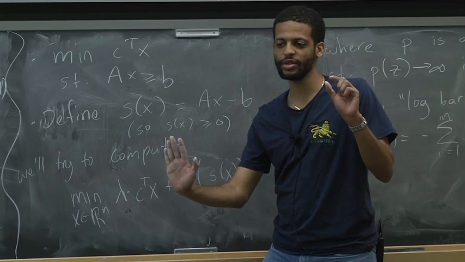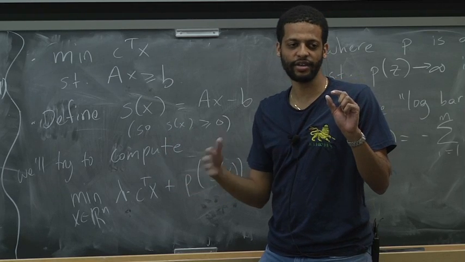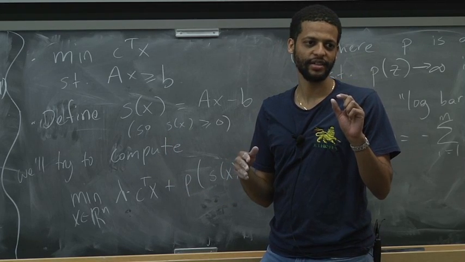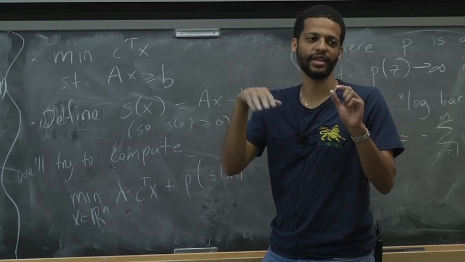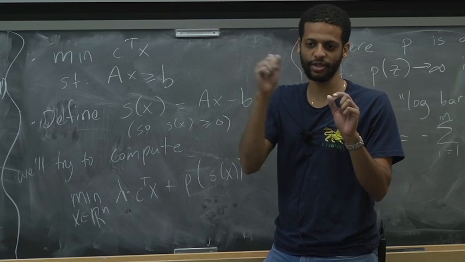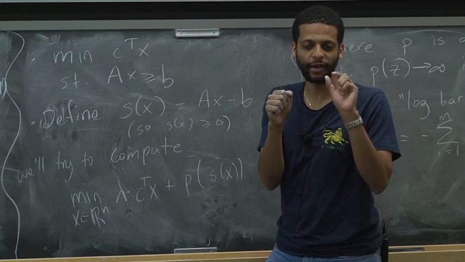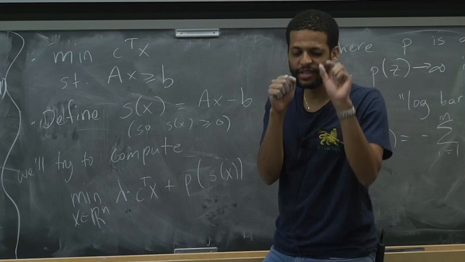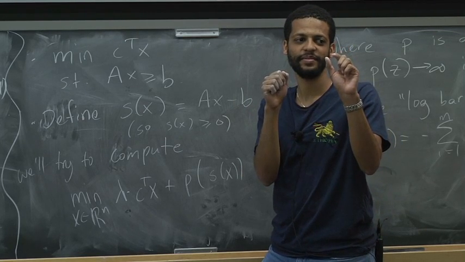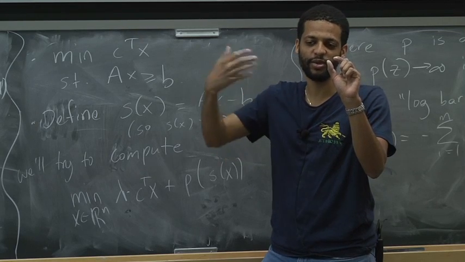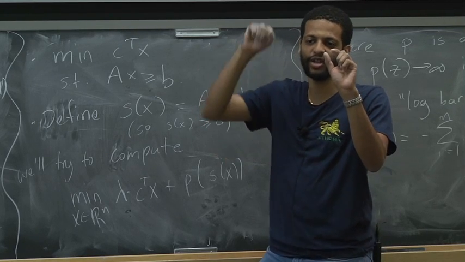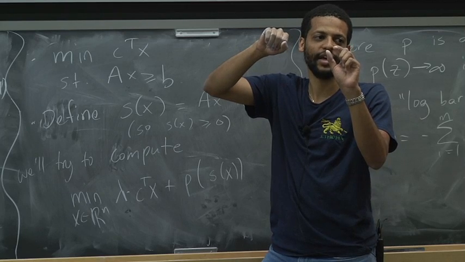You take your old solution for lambda and do an iterative algorithm like Newton's method to improve it for the lambda prime problem. Now you have a good solution for the lambda prime problem. Then you take lambda prime and increment it a little bit to lambda double prime, run Newton for a few steps on the lambda prime solution, and get a good solution to the lambda double prime problem. And you keep doing this.